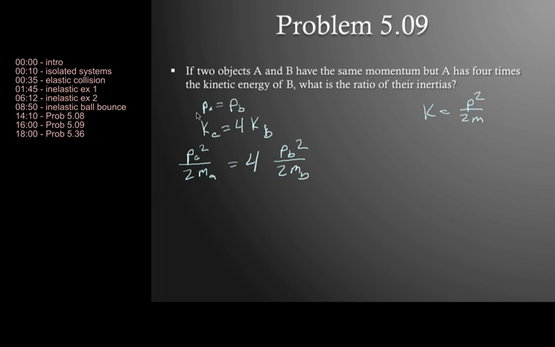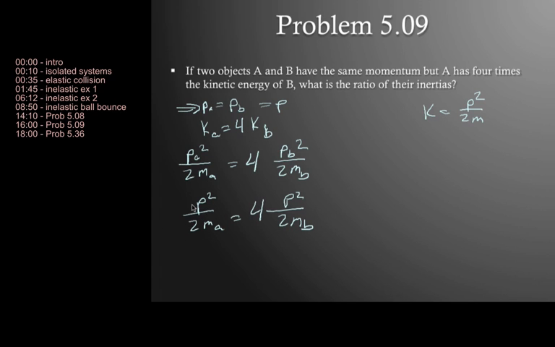Now, the other piece of information that we know is that their momentums are equal. So instead of saying PA equals PB, we could just have one number for PA and PB. So we could plug in: P squared over 2MA is 4 P squared over 2MB.